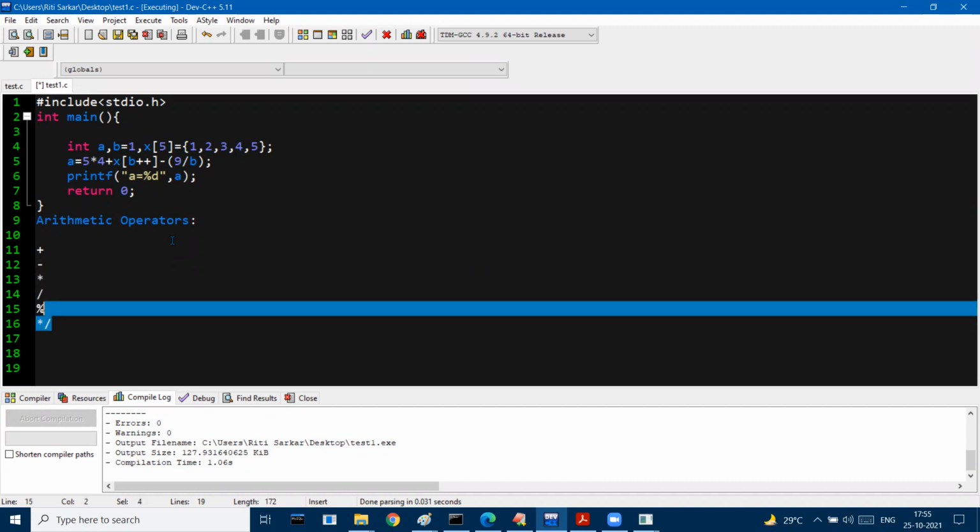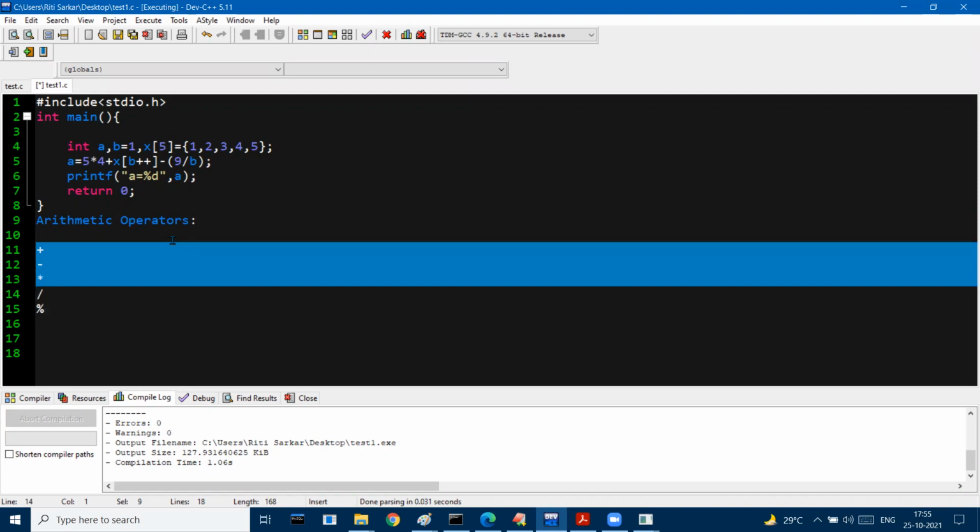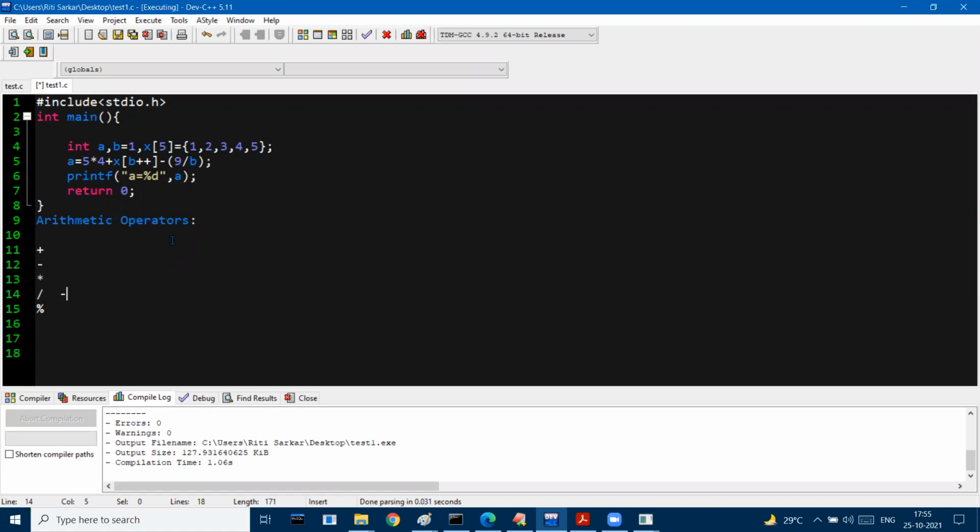Now among these, plus, minus, multiplication, I hope you will not ask me to give the clarity. You know it from your childhood. This is called division, normal division. And this is called modular division.